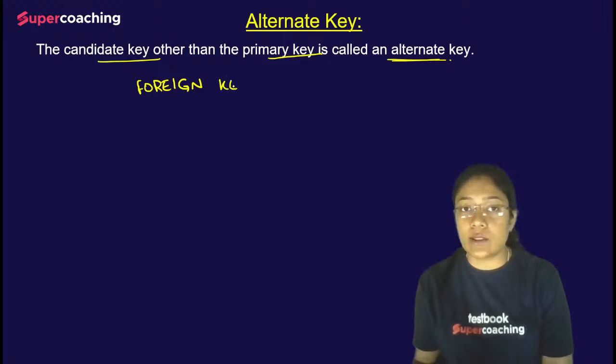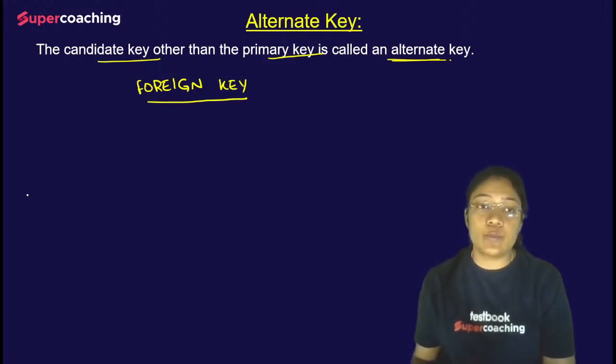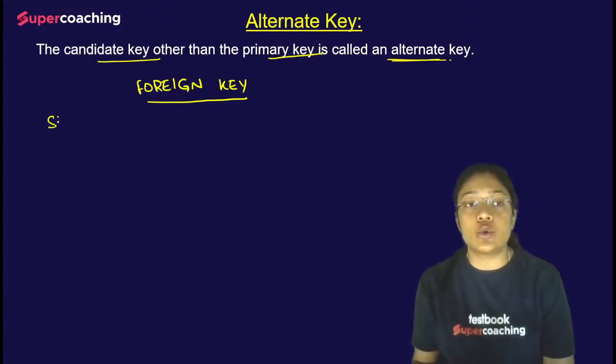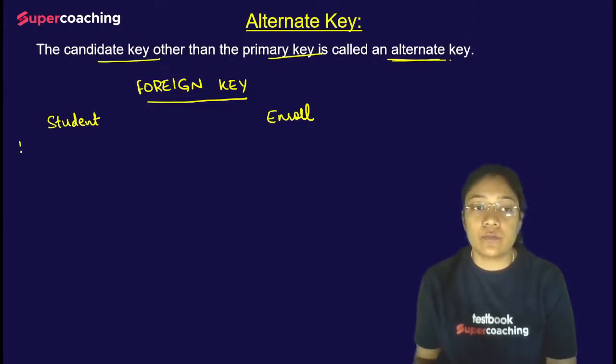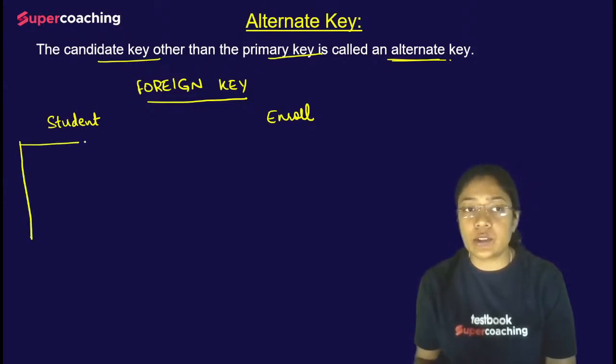Foreign key concept. For this, I'm assuming two tables. Let us assume that one table name is student and another table name is enroll. So there are two tables, student and enroll. In the student table, we have a few attributes.